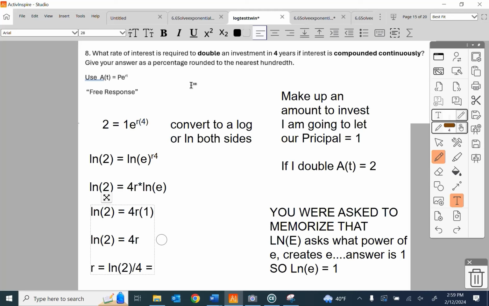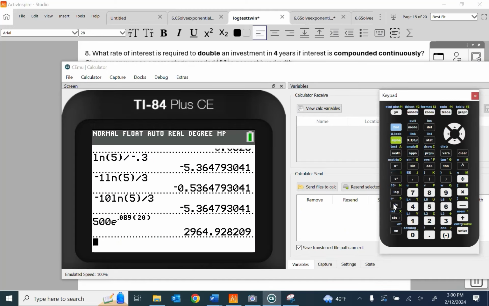And I want that as a percentage to the nearest hundredth. See where it says percentage to the nearest hundredth? That is a decimal to the 10,000th, because I have to move it 2 places. I had ln 2 over 4.